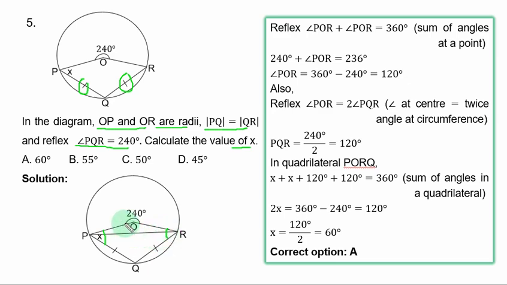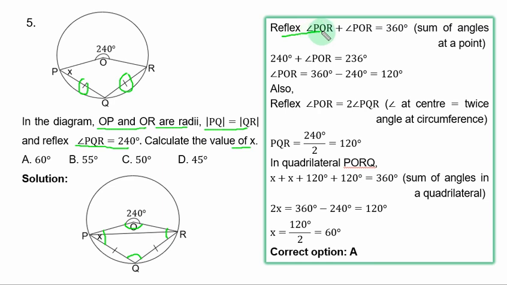Now, if we are able to get this angle and this angle, and the base angles are equal, we can take it as a quadrilateral and add the four angles and equate it to 360 degrees. But this angle is needed and this one is needed.